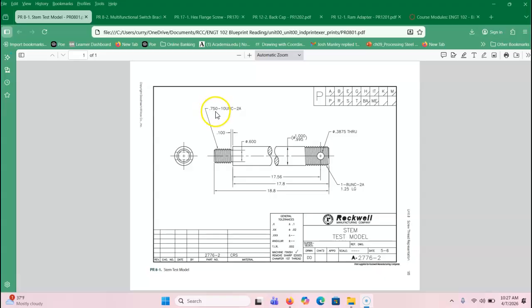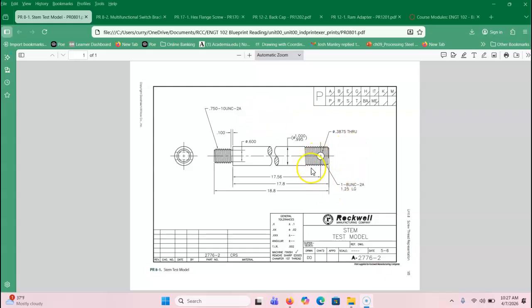If you take a look at your drill and tap chart, you should see another thread form that goes along with the 3/4 inch diameter. That would be the UNF instead of UNC. In this case, this is 3/4 by 10, so a Unified National Coarse thread, and it's a Class 2A. Again, the A is external.